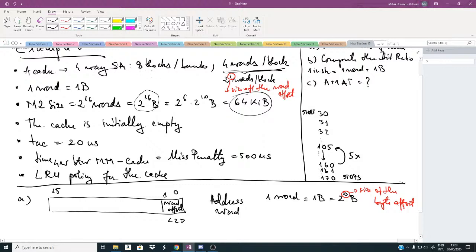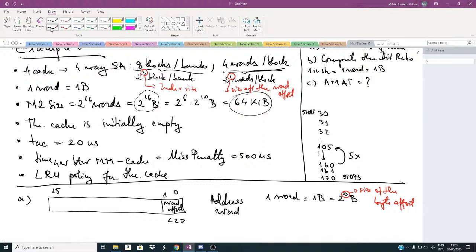Meaning we have 8 lines of cache per bank. So this is 2 to the power 3 blocks per bank, meaning that 3 is the index size.